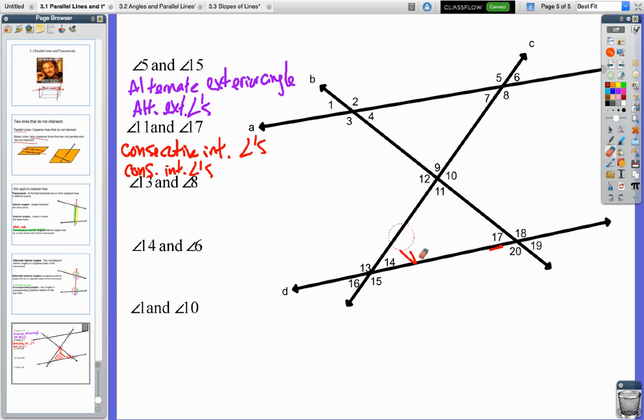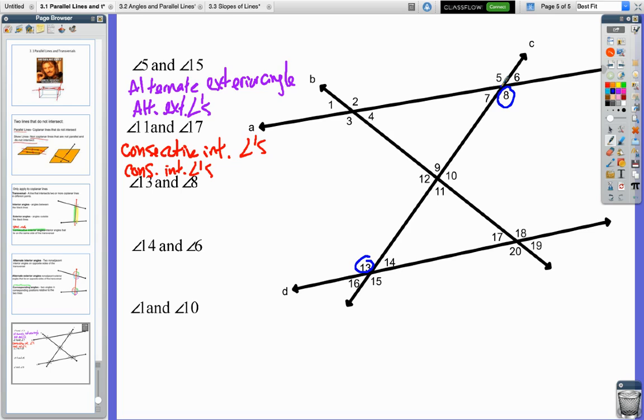All right, you guys make sure you're trying this on your own first before I name them. So let's look at 13 and 8. 13, which is right here, and 8, which is up here. They both have C. So that means C is the transversal.